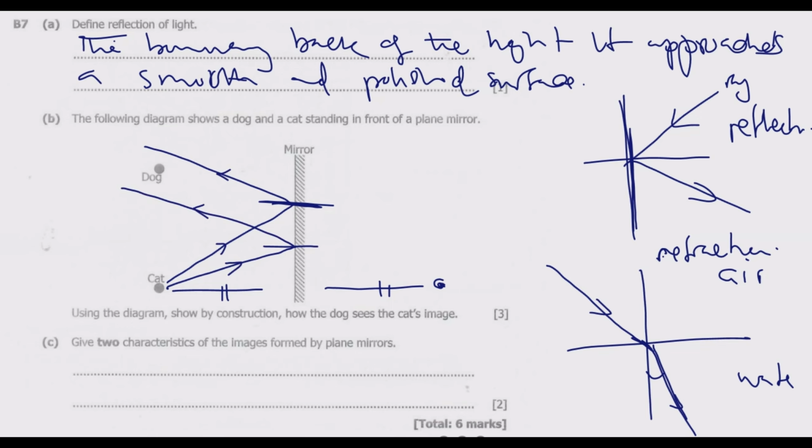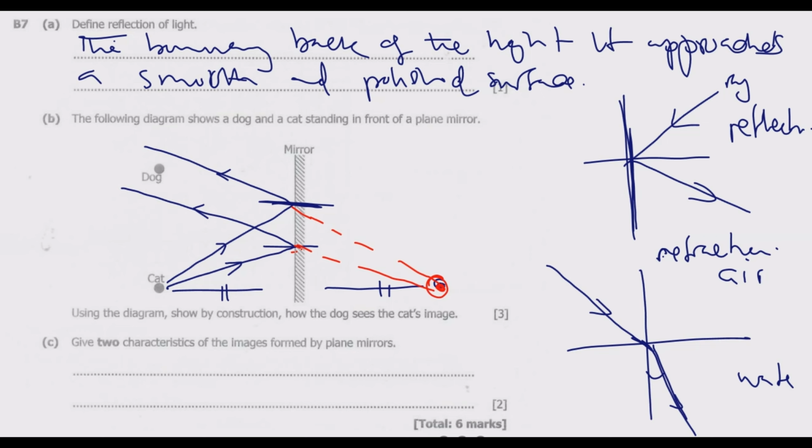So the dog looks at the cat. Then the protruded lines will be like this. These will be the protruded lines in such a way that they meet somewhere here, and this is where the image will be formed.